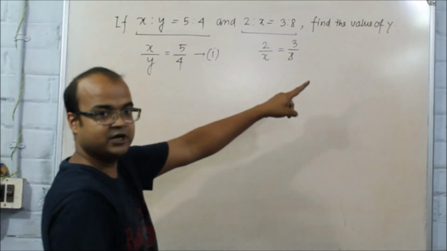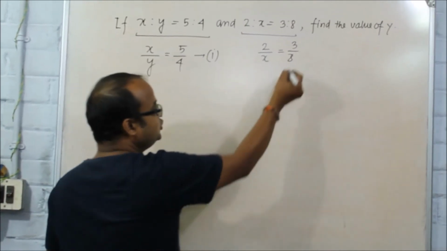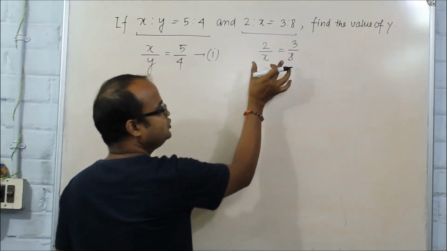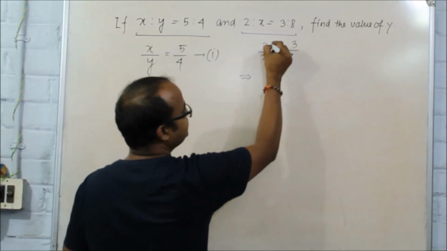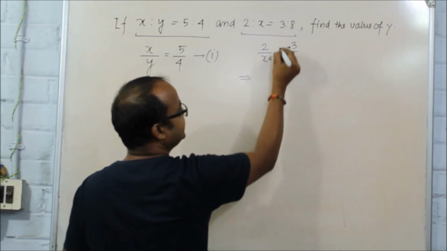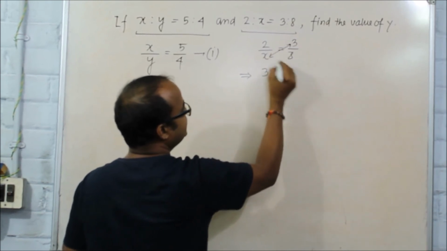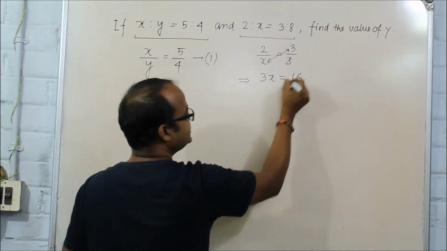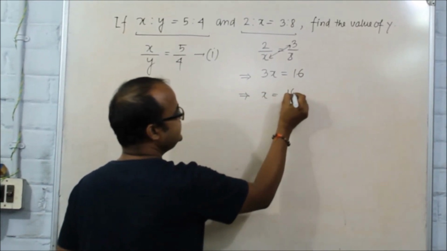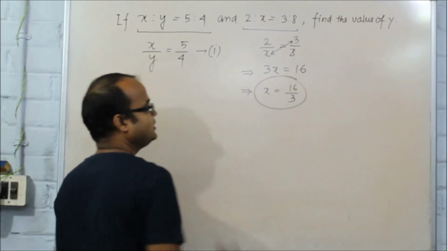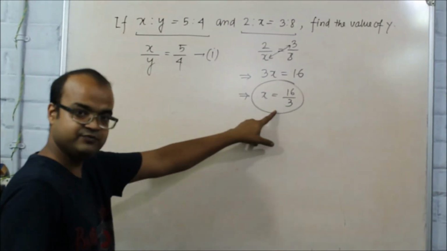Now we need to find out the value of Y. So use this equation to find out the value of X. So we apply the cross multiplication. So 3 into X, it is equal to 3X is equal to 2 into 8, that is equal to 16. So X is equal to 16 by 3. We get the value of X as 16 by 3.